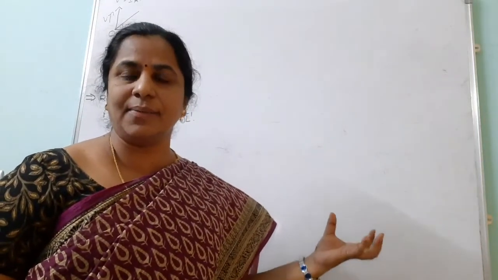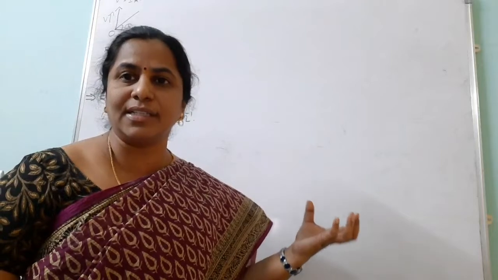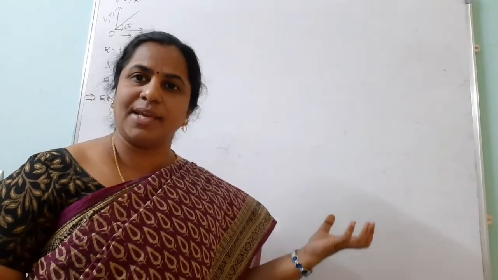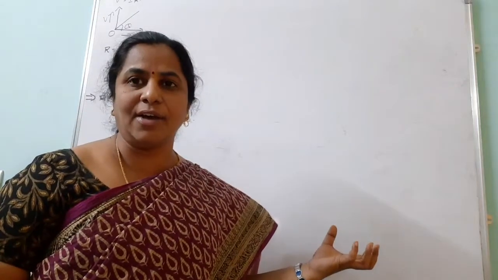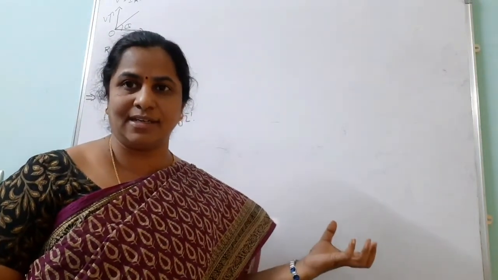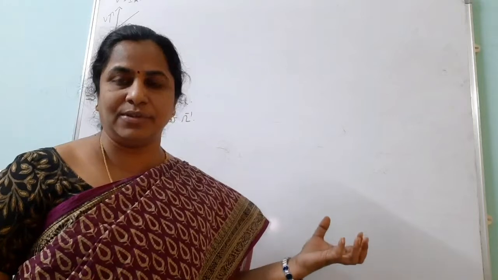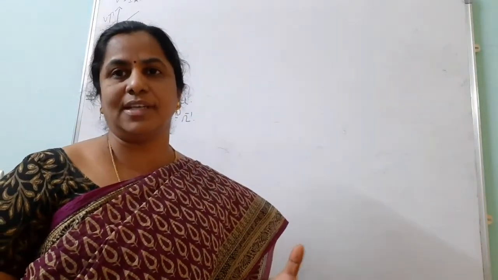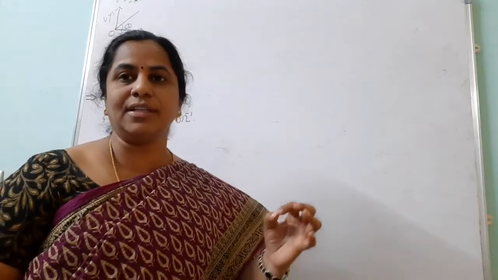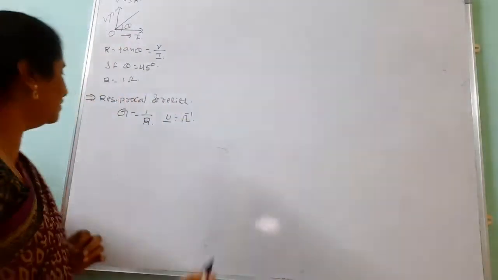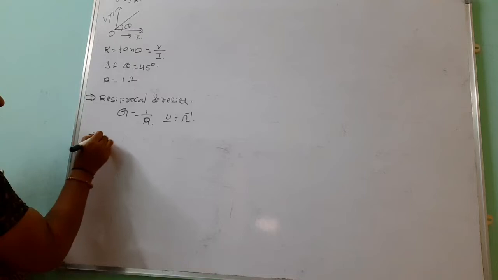The next thing is the non-ohmic devices. What are the non-ohmic devices? The devices which do not obey Ohm's law are called non-ohmic devices. Semiconductors, then vacuum diodes, a few of these belong to non-ohmic devices. When we draw the graph in the case of semiconductors, we won't get a straight line.